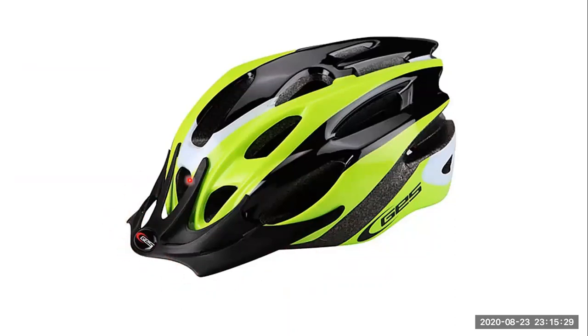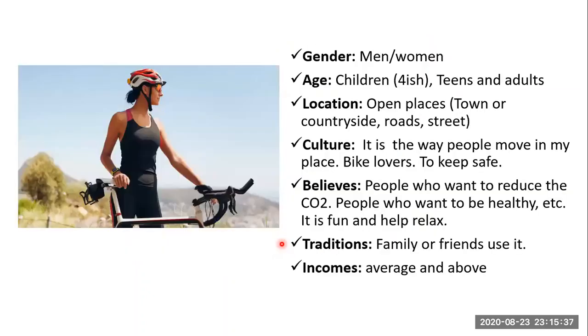It has this piece here that you can remove. So actually it has a double function to protect your head and your eyes. So it's obviously a little bit more expensive. So people who will buy that helmet will be maybe average incomes or maybe above average incomes, okay?